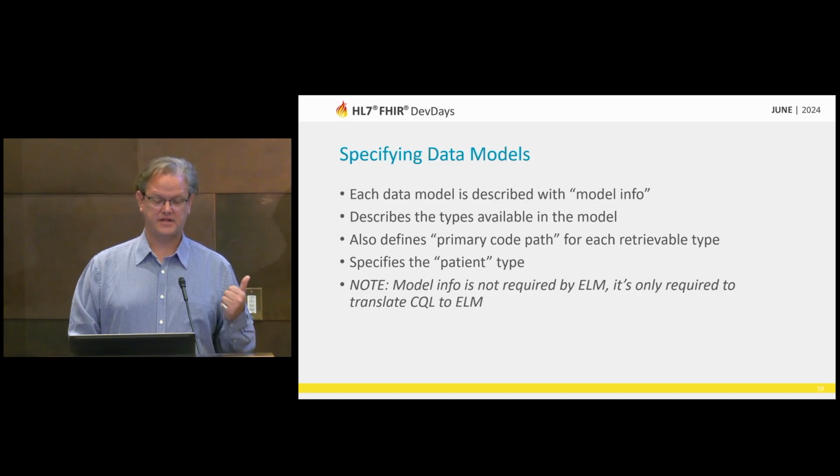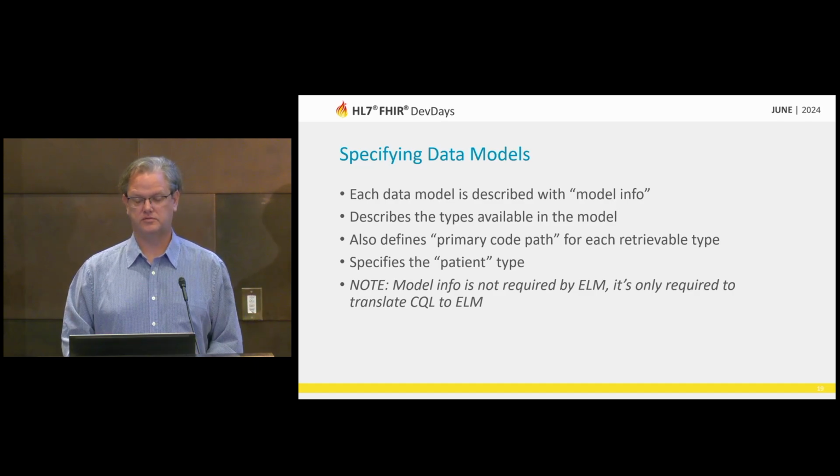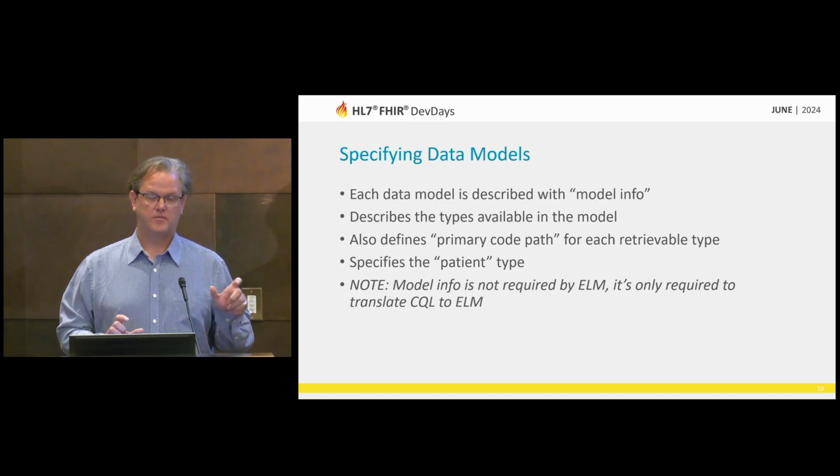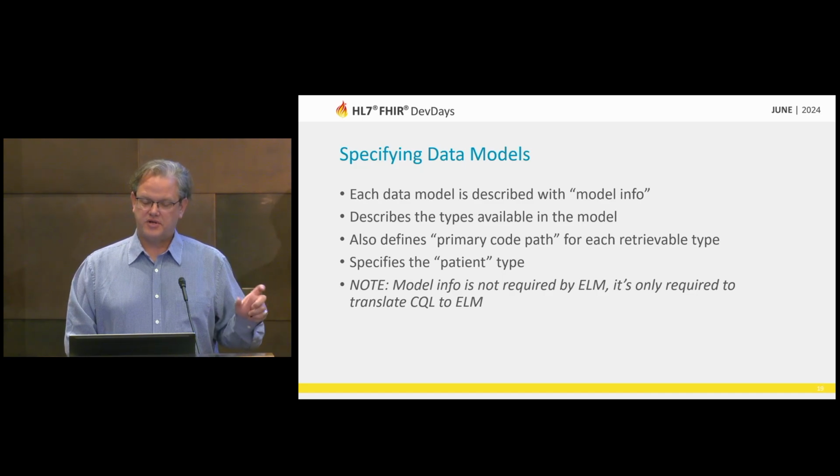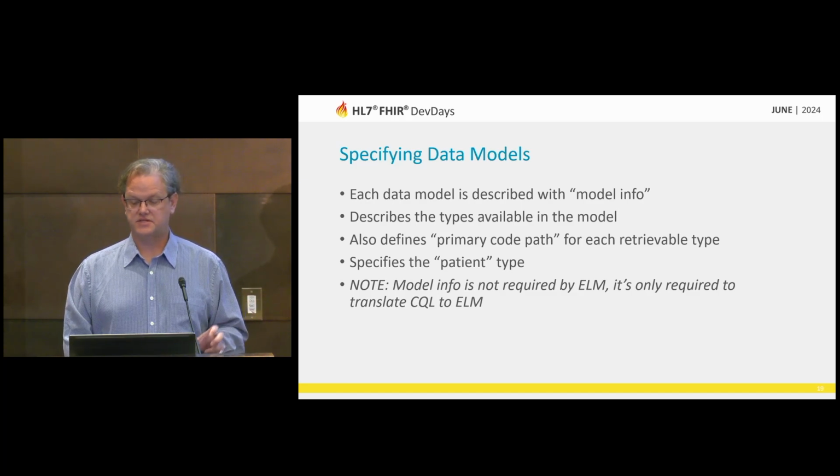And it specifies the patient type. The reason it knows about patient type, this is a clinically focused DSL, and so the model understands what a patient is conceptually so that it can do things like calculate age. And then note, model info isn't required by ELM. It's only required to translate the CQL to ELM.